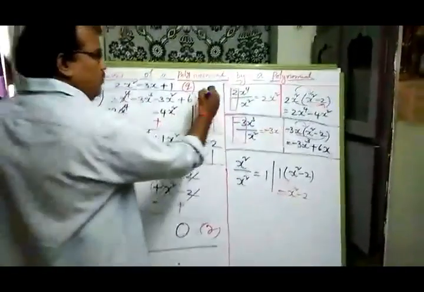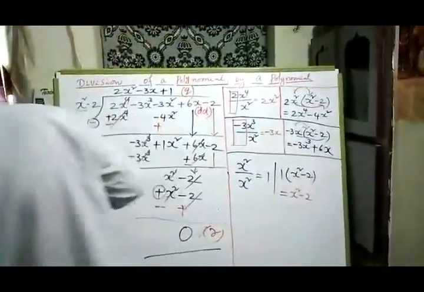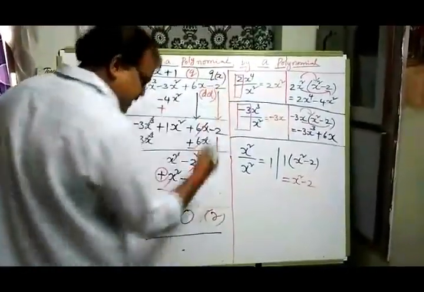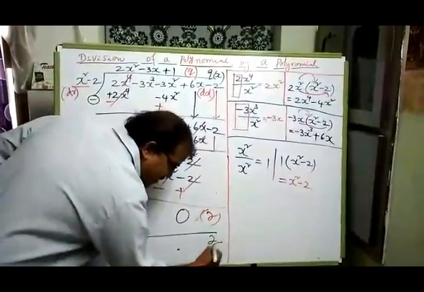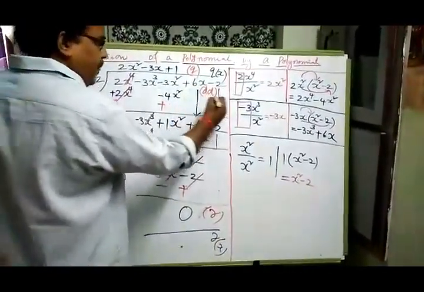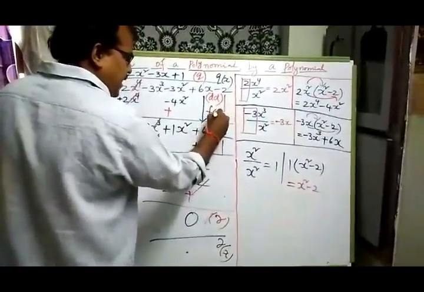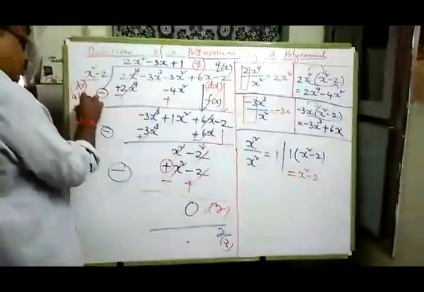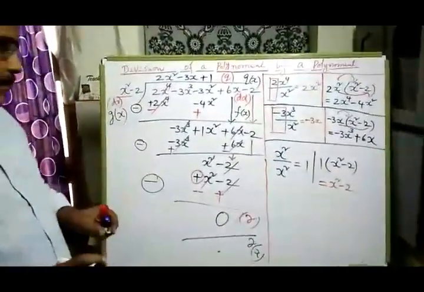If you want to name them using polynomials, this is q of x, this is r of x. Normally the dividend will be f of x or p of x, and the divisor will be g of x or k of x. So this terminology is very important.